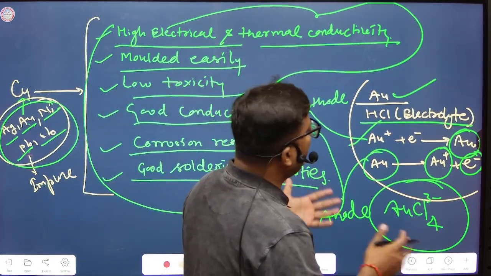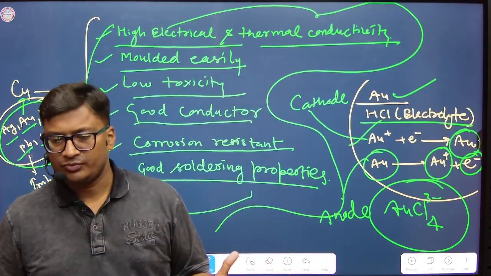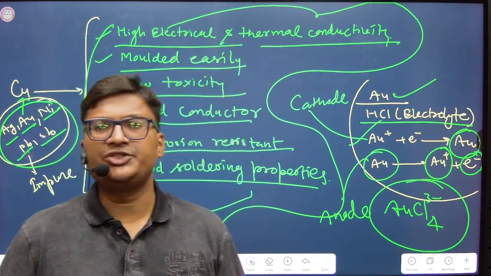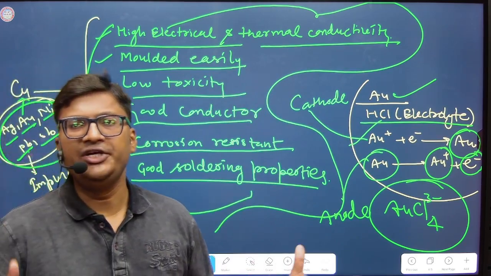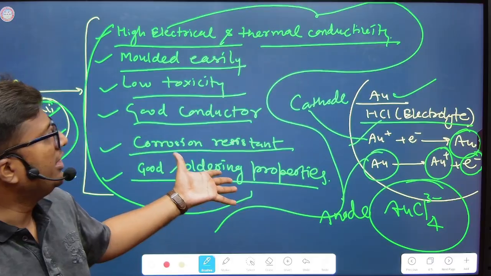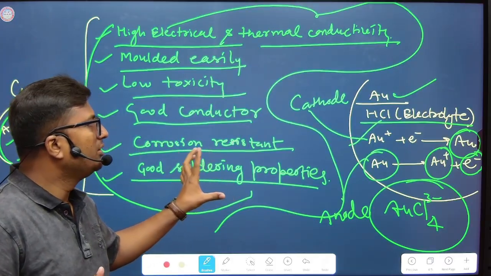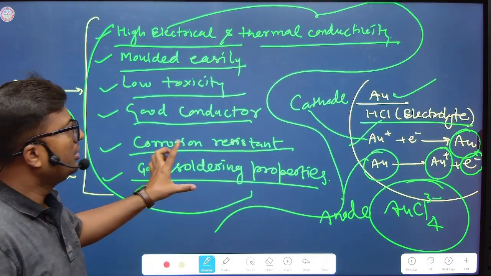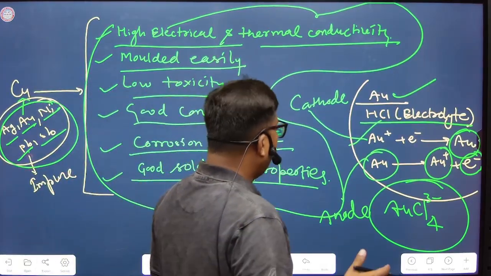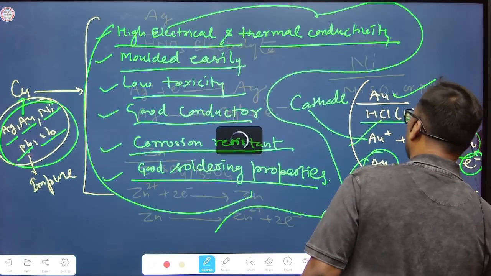So depending on the nature of the metal which we wish to extract and purify, we need an electrolyte that actually dissolves it from the anode, right?